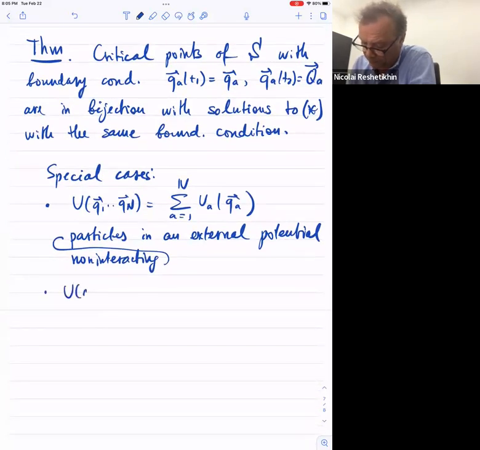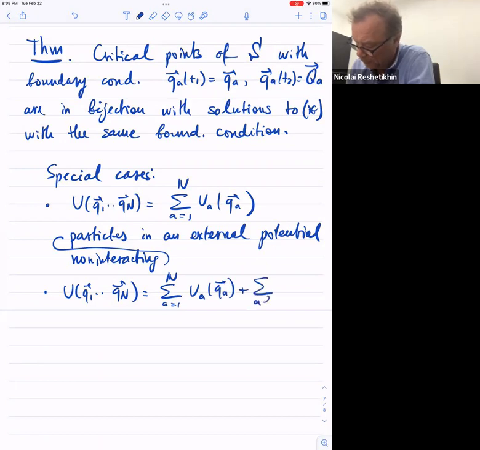And say if we add some terms like this, sum over A, B, U_AB(Q_A, Q_B), let's say A less than B, in order to avoid repetitions.